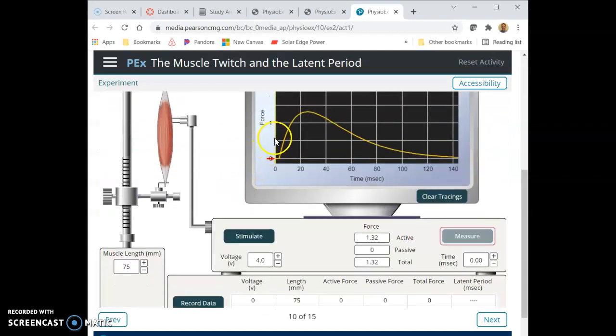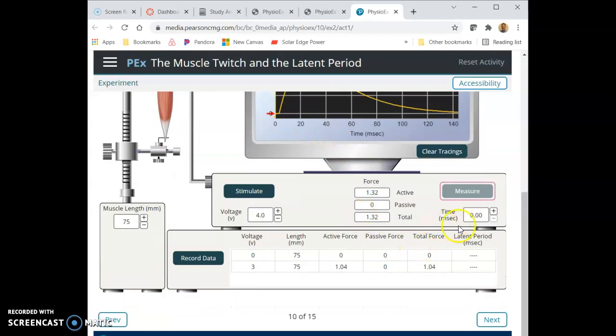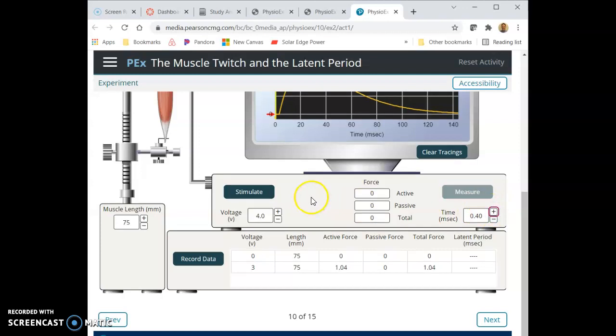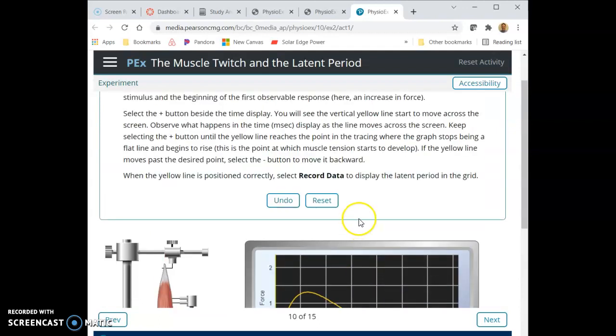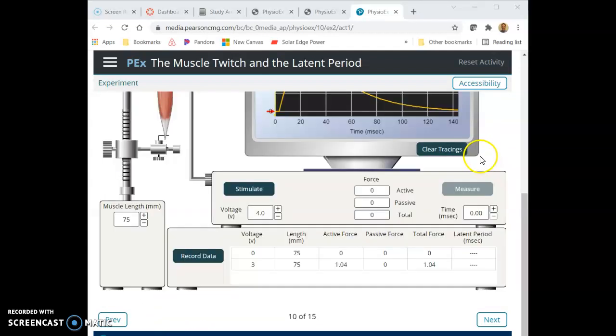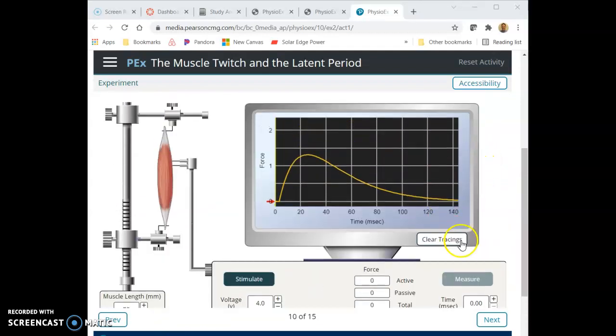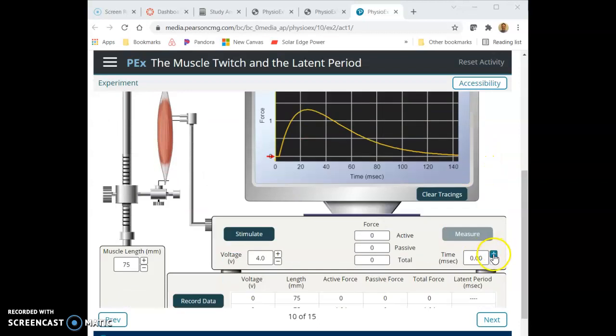So here's the yellow line, and you might say, how do I move that? Well, you come over here to the measure button, and oops, that went too far. Let's see. So we go down here, it's just below measure, and you can actually move that yellow line.